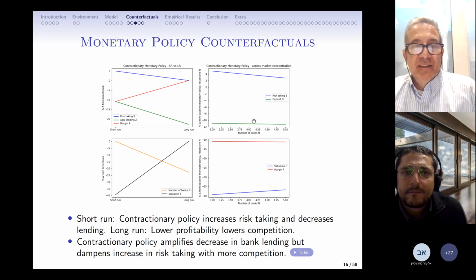The one thing I want to get at is that what you see is a decrease in aggregate lending here.